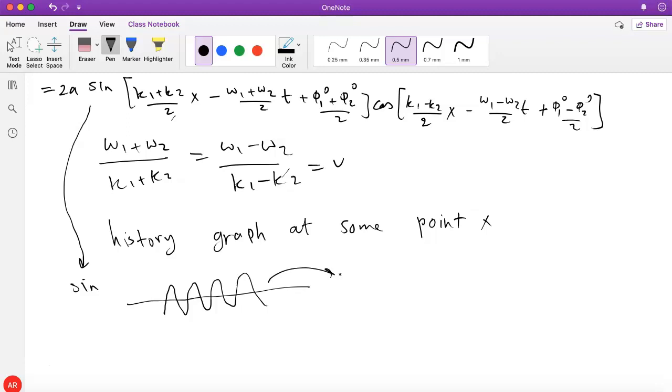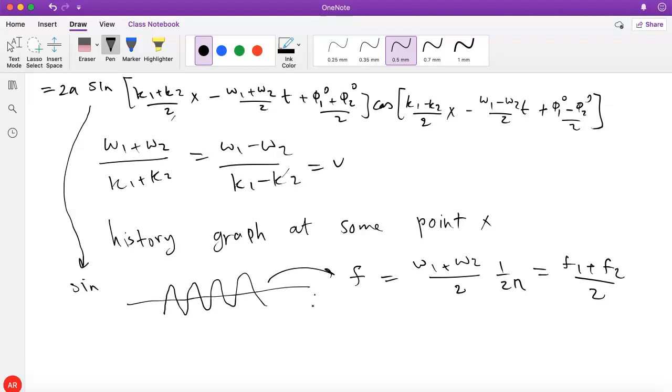The frequency of the sine is going to be this thing here. That's the angular frequency, and frequency is just the angular frequency divided by 2 pi. So it's going to be (omega 1 plus omega 2)/2 times 1 over 2 pi, which is also (f1 plus f2)/2, the average frequency of the two waves.